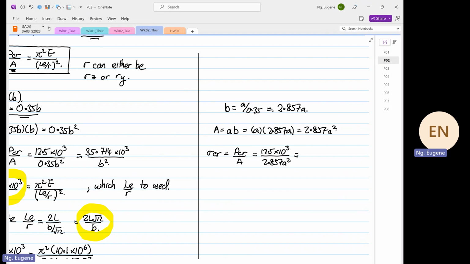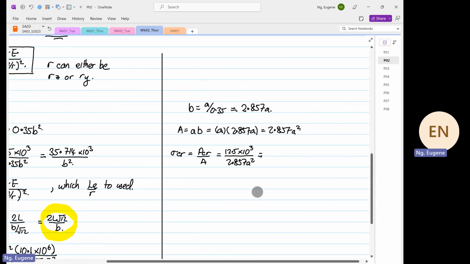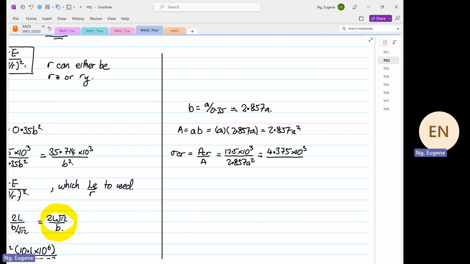So 12.5 times 10 to the power 3 divided by 2.857 is equal to 4.375 times 10 to the power 3, and this will be over A squared.